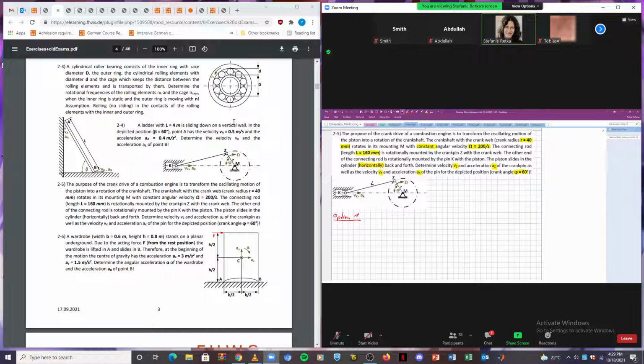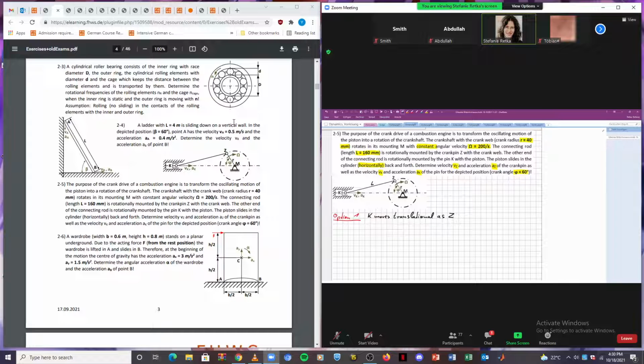Now, we will describe point K. So we will say K moves translational as Z, two points on one rigid body. That's the important fact to remember for rigid body problems.